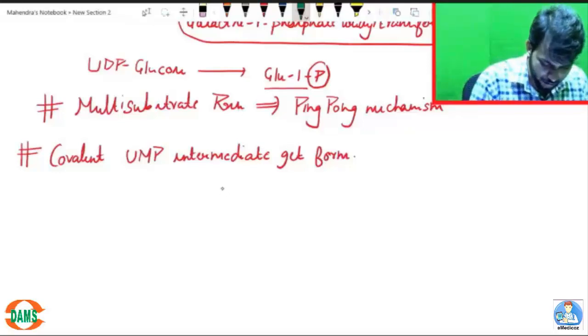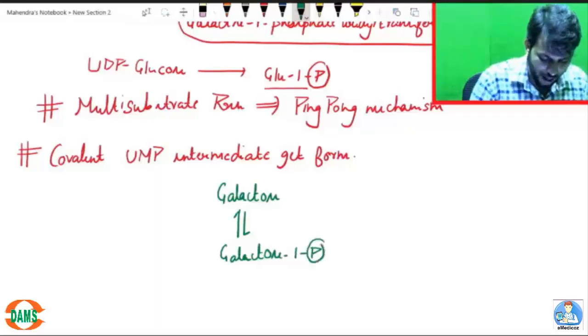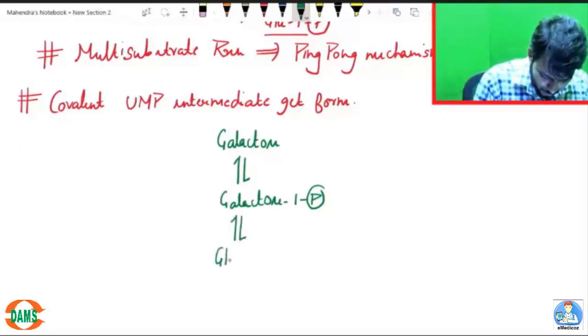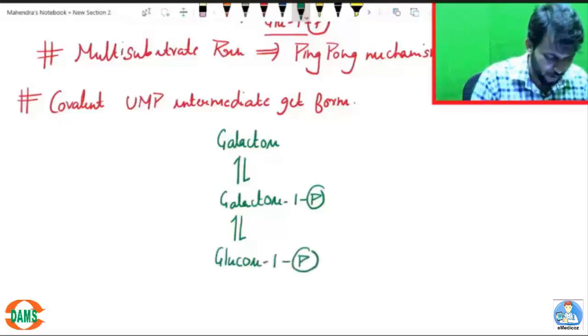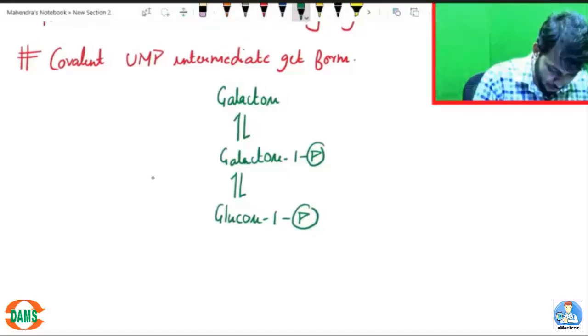Now the conversion that takes place here is galactose getting converted to galactose 1 phosphate, and this can be converted into glucose 1 phosphate with the help of galactose 1 phosphate uridyl transferase.